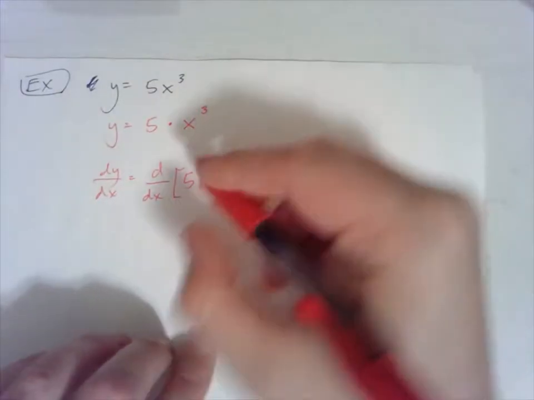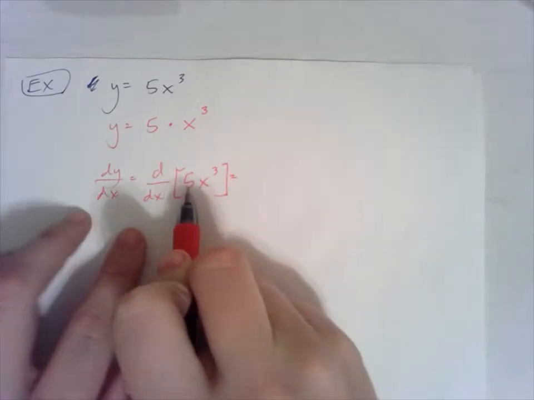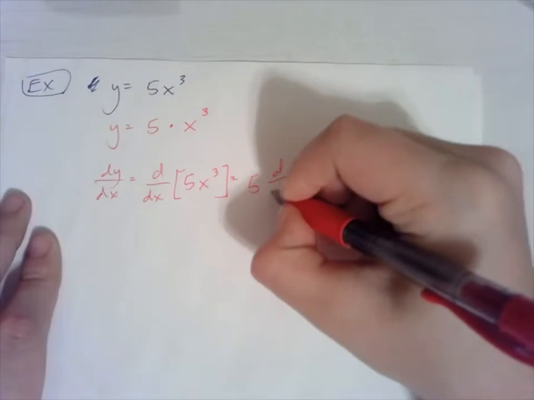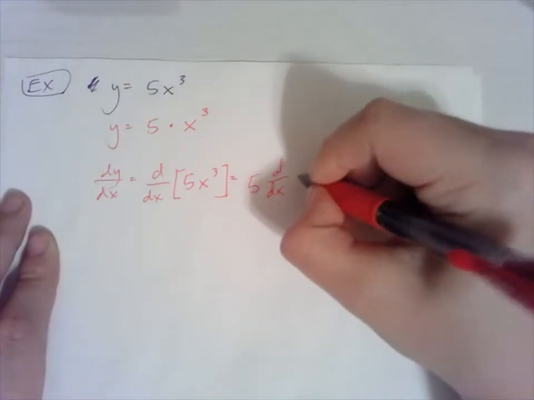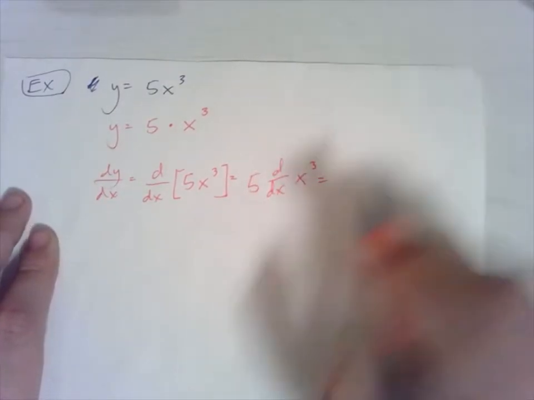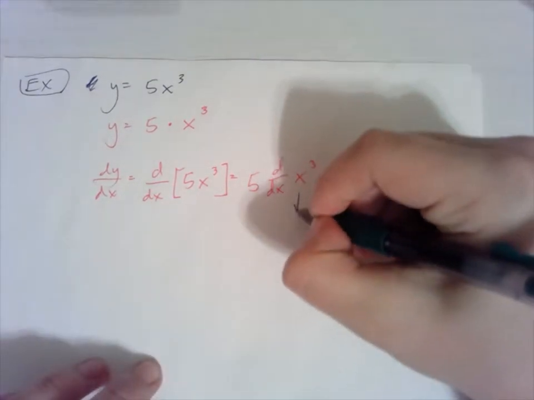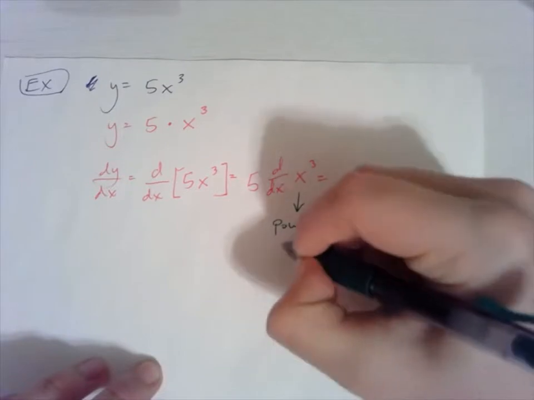And what we have going on here is we can take that constant, put it out front, so we've got 5, and then we have times the derivative with respect to x of x cubed. And right here, what we know we can do now is power rule that.